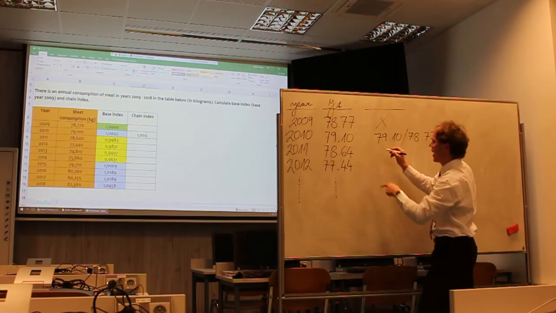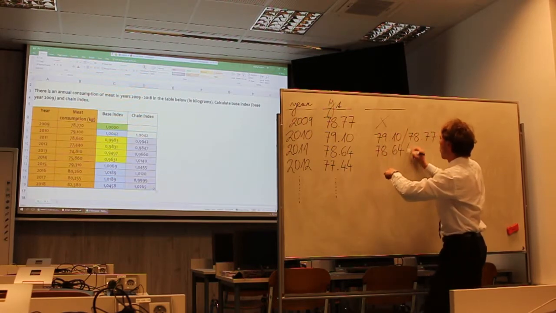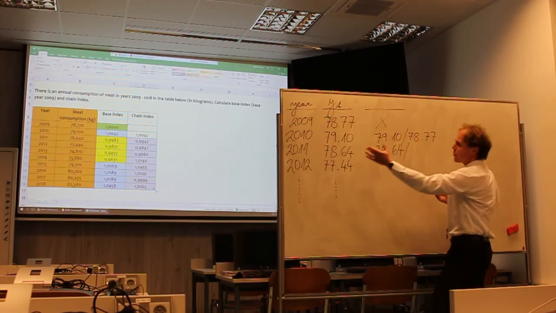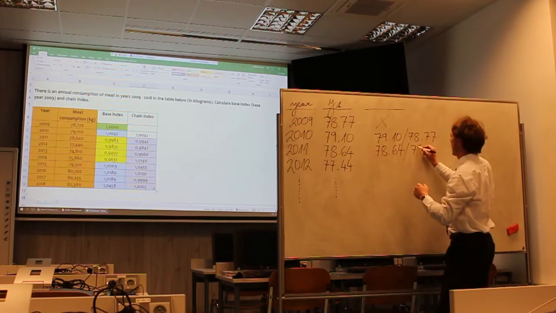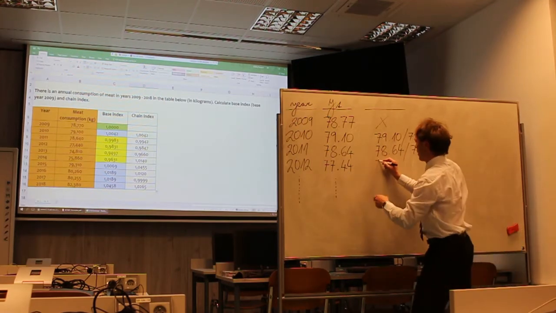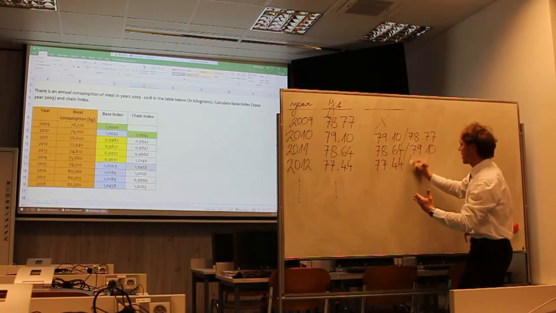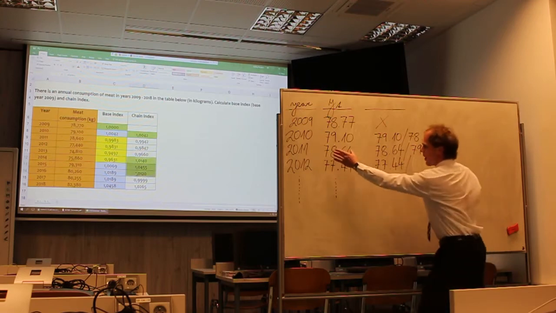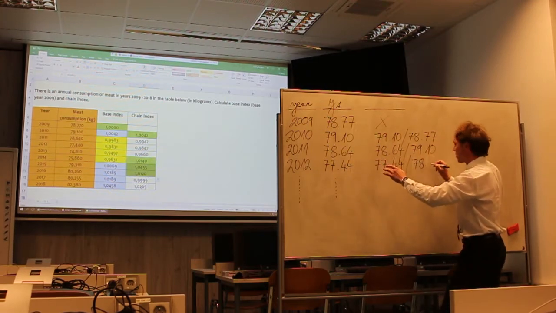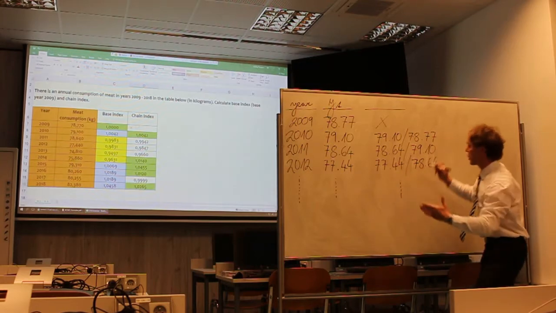On this position is 78.64 divided by the previous value 79.10, and we can continue. 77.44 divided by the previous value 78.64, and we can continue.